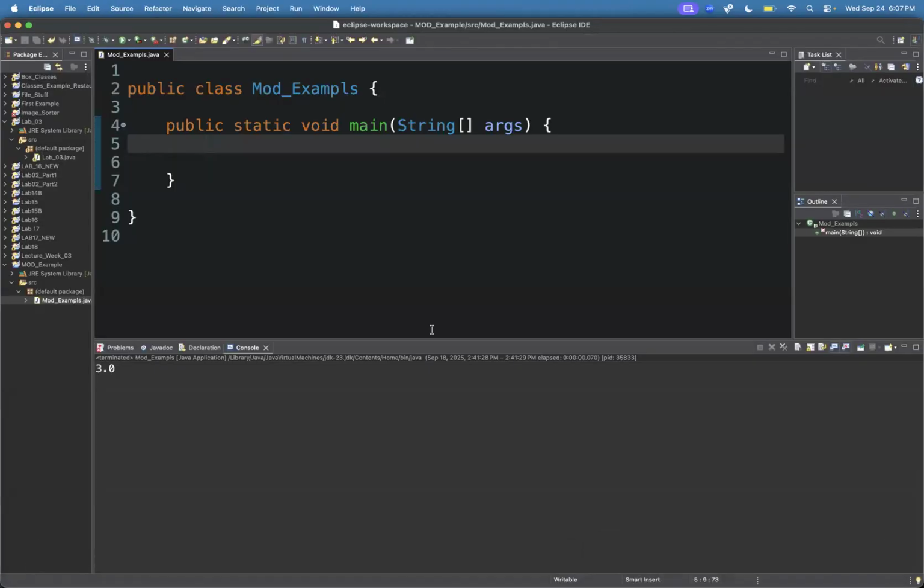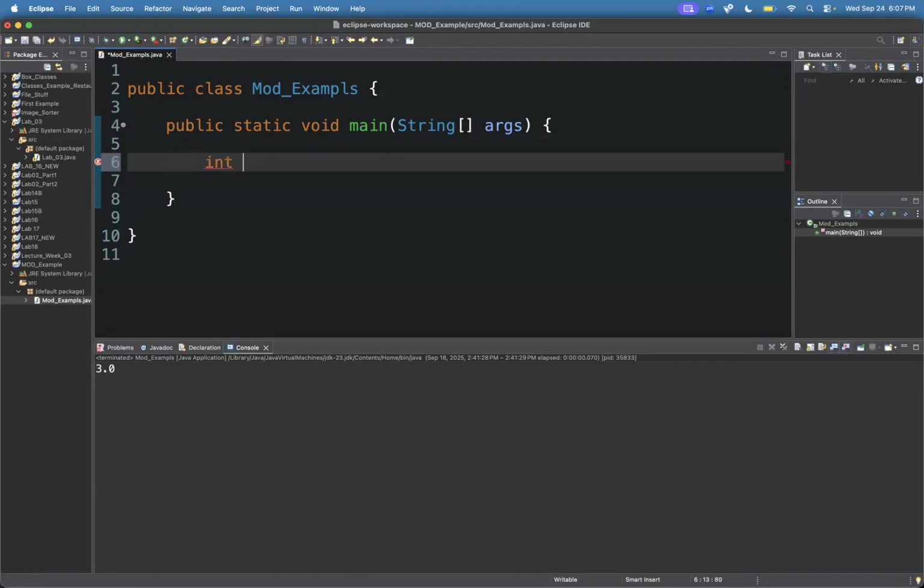I'll create a couple of variables. I think the example they use in the Zybooks is a number of kids. So let's say num kids 1, and let's put a number of kids there.